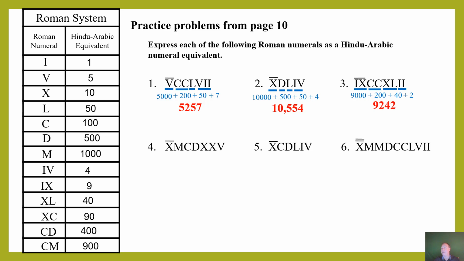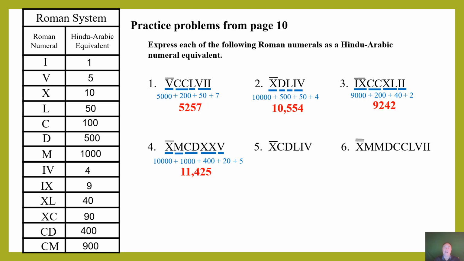Add it all up, 9,242. Number 4, X with a line above it is 10 times 1,000, 10,000. M is 1,000, CD is 400, XX is 20, V is 5. Add it all up, you get 11,425.